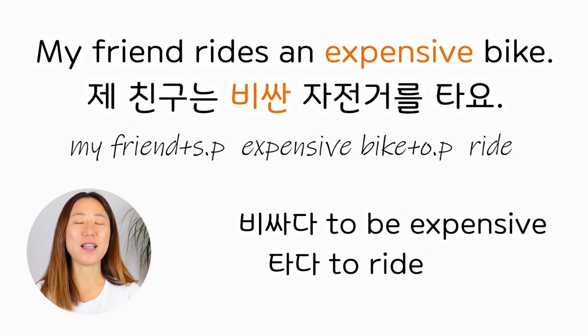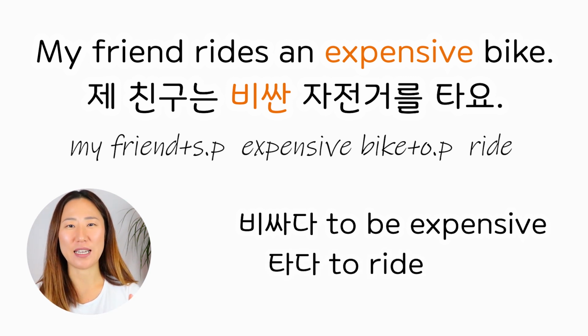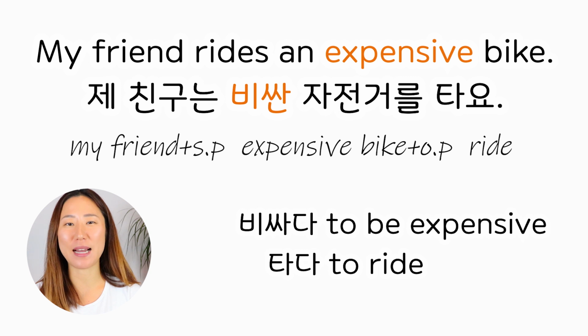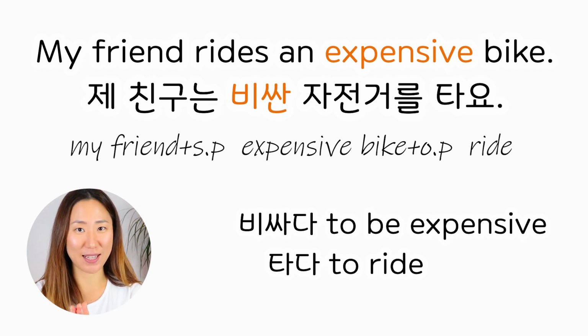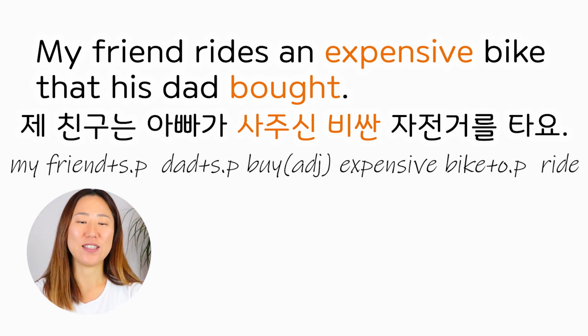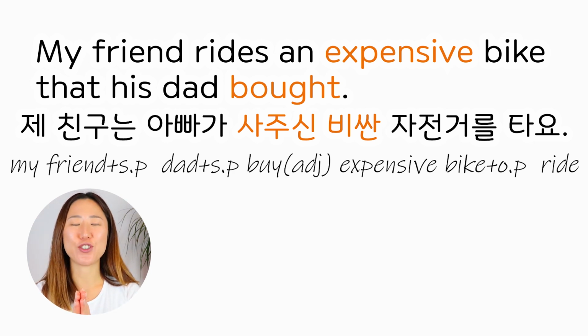What if I make it a little bit more complicated? Who bought that expensive bike? My friend rides an expensive bike that his dad bought. 제 친구는 아빠가 사주신 비싼 자전거를 타요. So I added 아빠가 subject, 사주다.